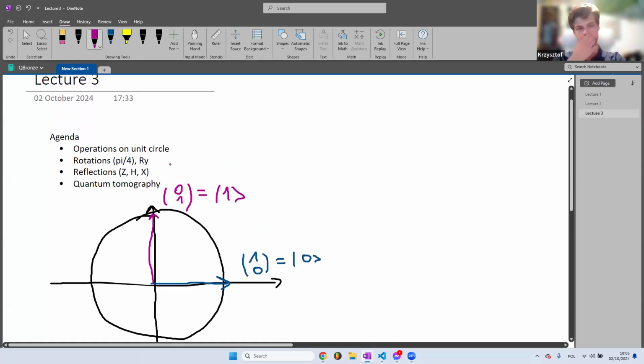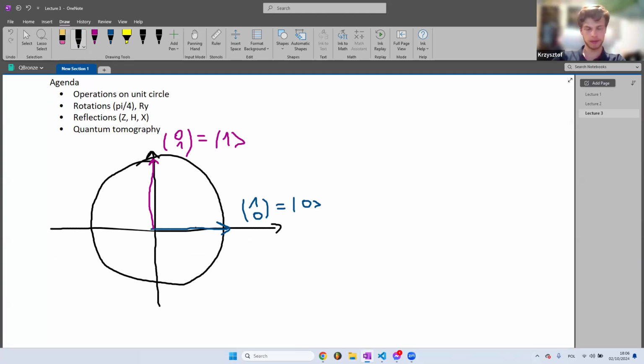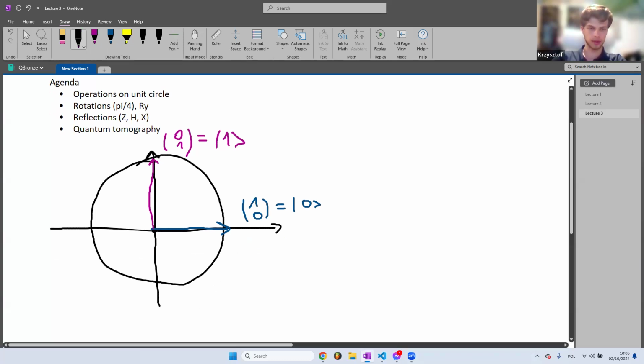So now let's think what will happen if we apply a rotation gate. What if we apply a matrix so that this whole plane is rotated around this axis? Let's call this, for simplicity, X, Z, and Y, or maybe just stay with the traditional labeling.